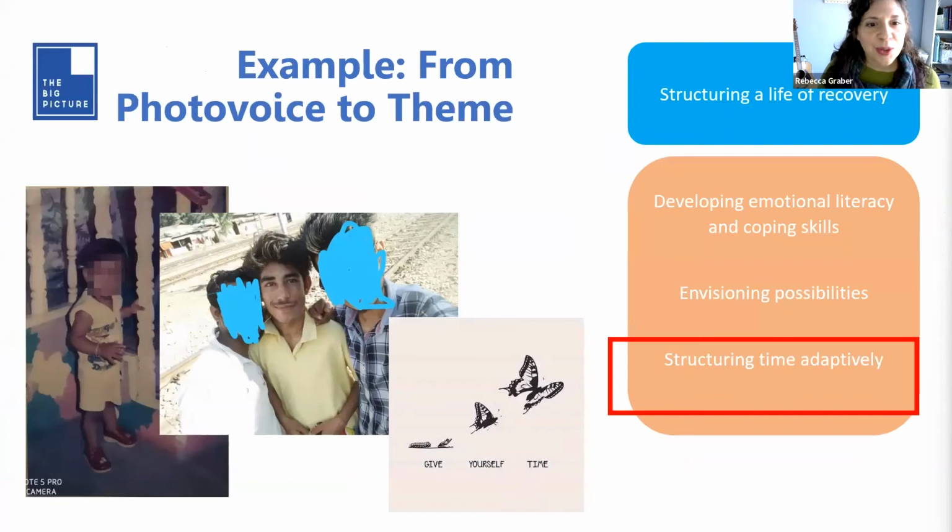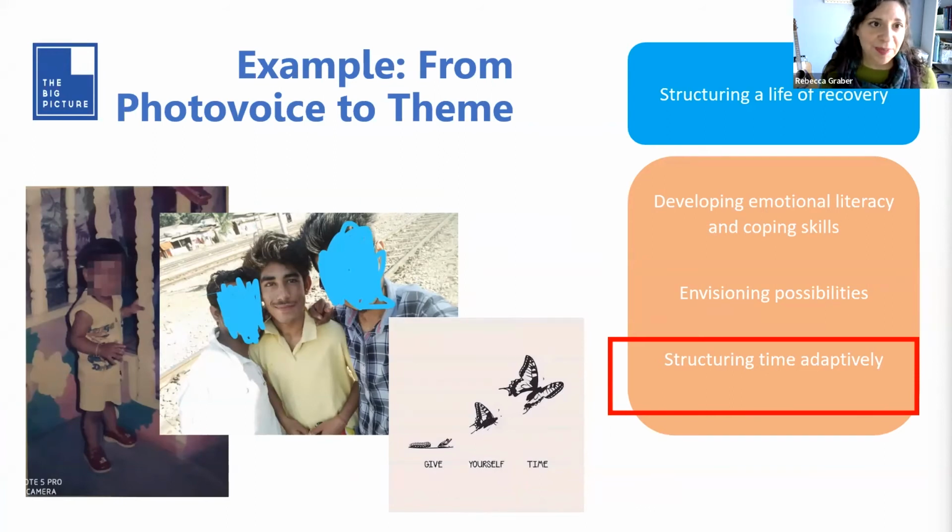So let me give you an example of how Photovoice can result in something that looks like a traditional qualitative methods theme. We have here 3 out of a selection of images that Samar, one of our participants, brought in. And you can see also that some people were happy to have their images used.